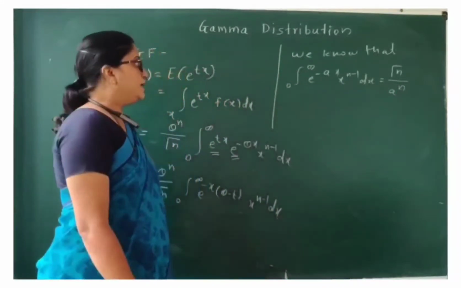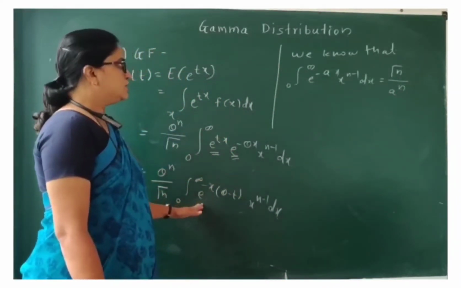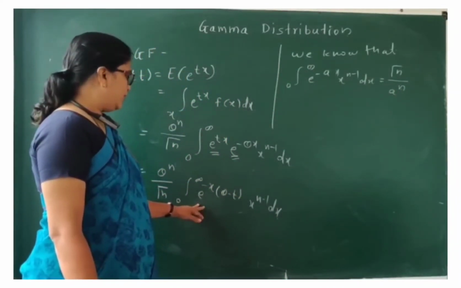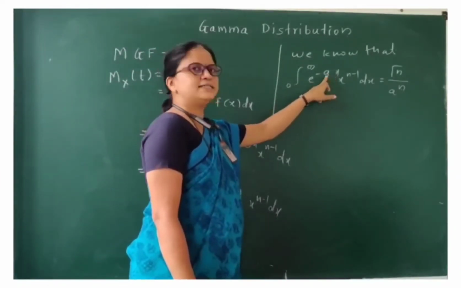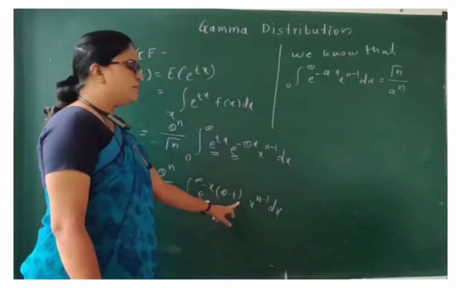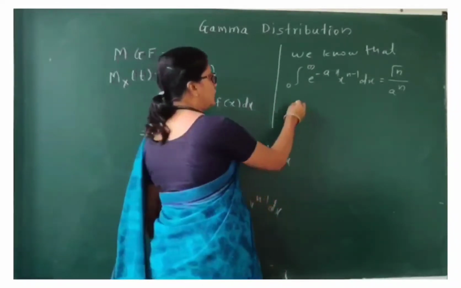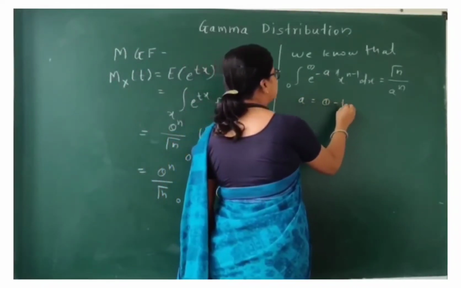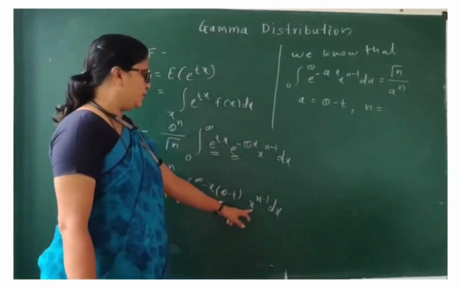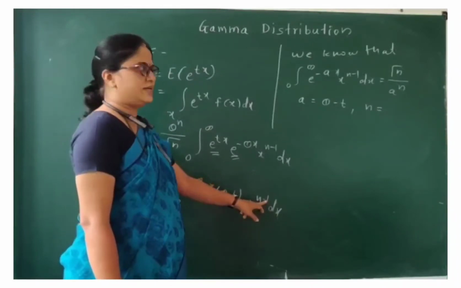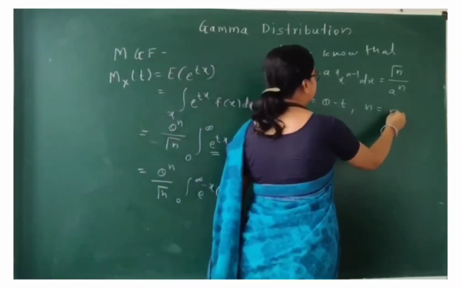So by comparing both the values, the coefficient of e raised to minus x is a, and hence the bracketed term is the value of a, which is theta minus t. And n is nothing but the power of x, x raised to n minus 1.